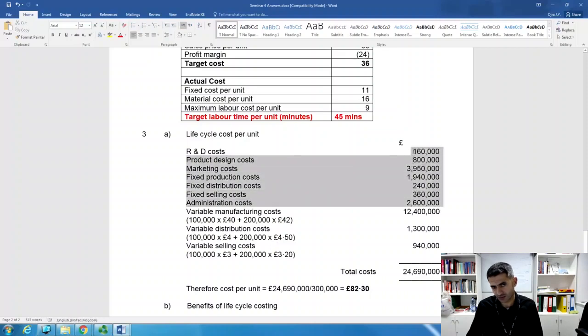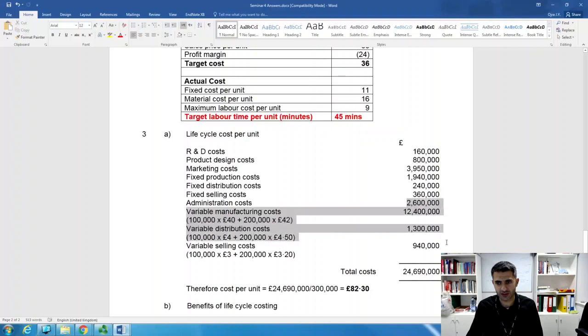Then we started with the variable manufacturing overhead. Once we multiply the variable cost per unit by the units in year 2 and year 3, same with variable distribution and variable selling, these are the final figures for the 2 years.